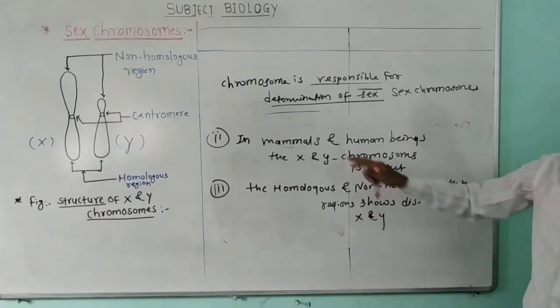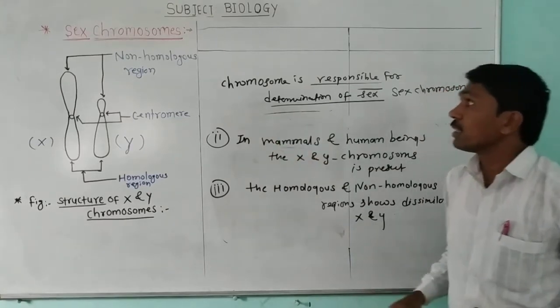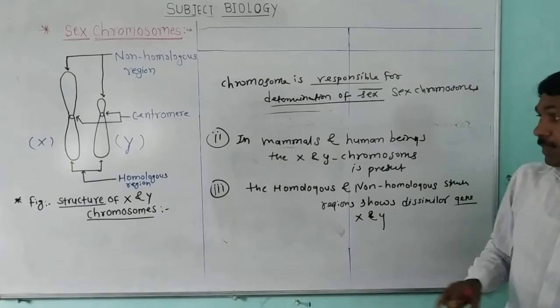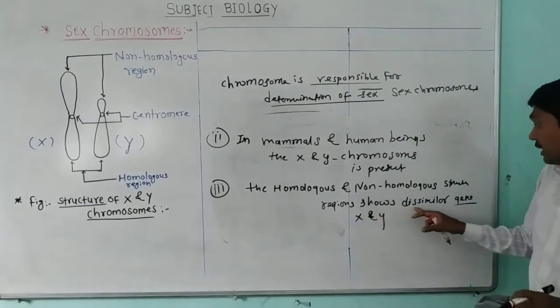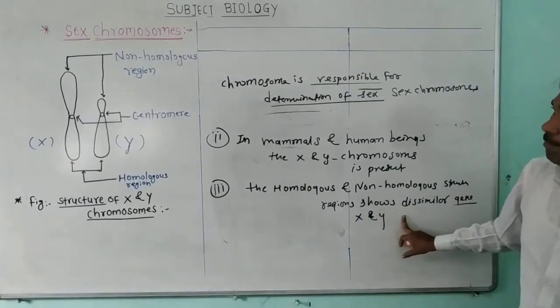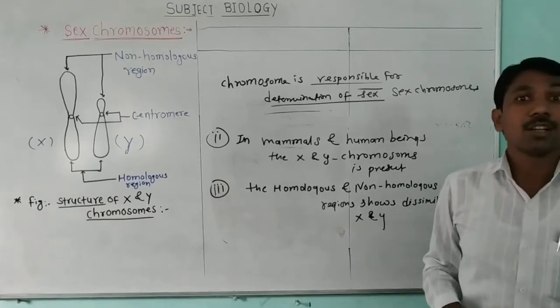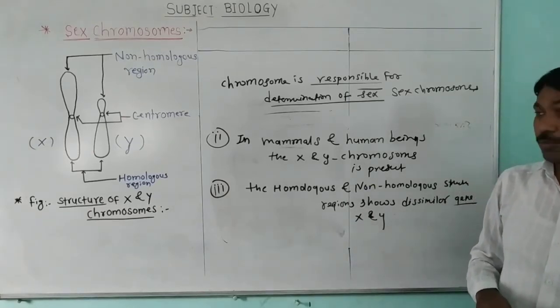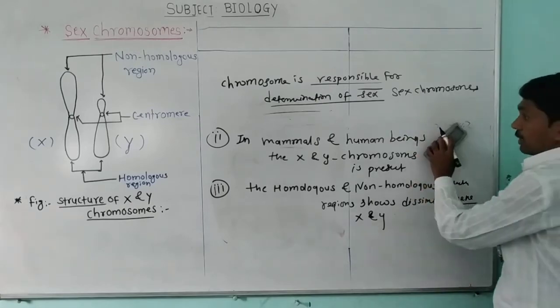In the structure of the X and Y chromosome, there are homologous and non-homologous regions, and in those regions the dissimilar genes are present on the X and Y chromosomes.